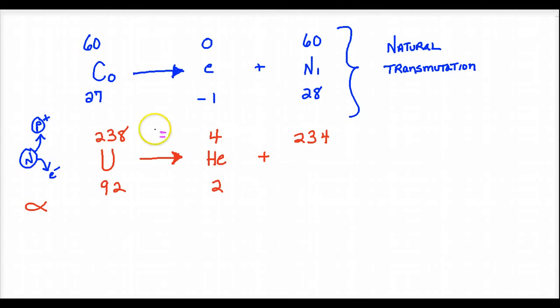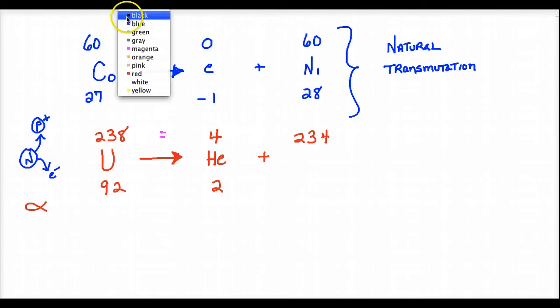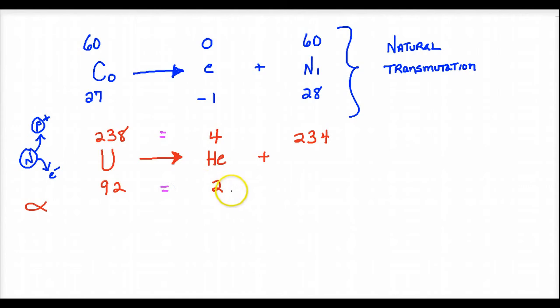And of course, the bottom numbers here are the charge, and the charge is conserved as well. And so what number plus 2 is 92? And this, of course, is 90. Let's keep that in red, color coordinate, of course. Okay, so 90 plus 2 is 92, and 234 plus 4 is 238. And that's what you're doing in these nuclear equations.